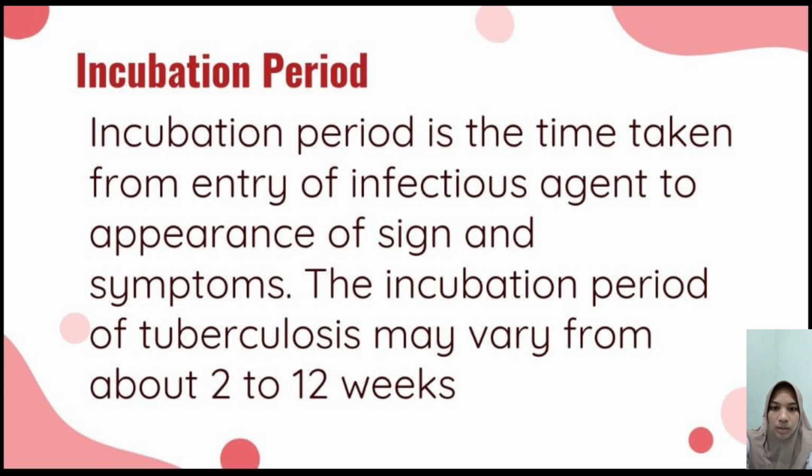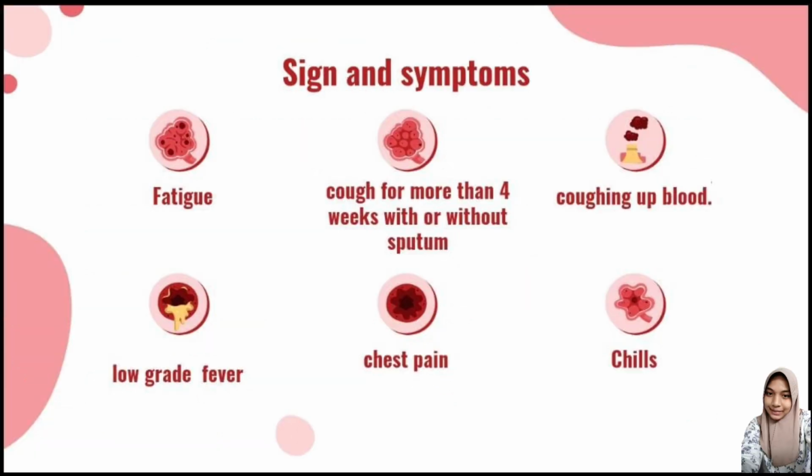The incubation period of tuberculosis may vary from about 2 to 12 weeks. Signs and symptoms: fatigue, cough for more than 4 weeks with or without sputum, coughing up blood, low-grade fever, chest pain, and chills.